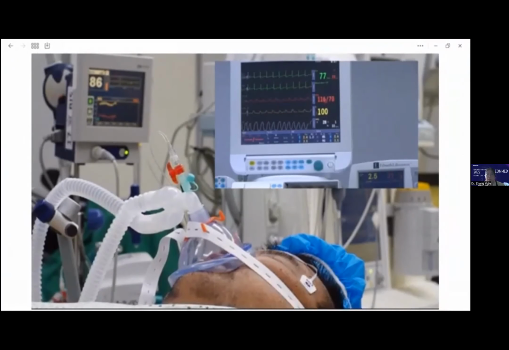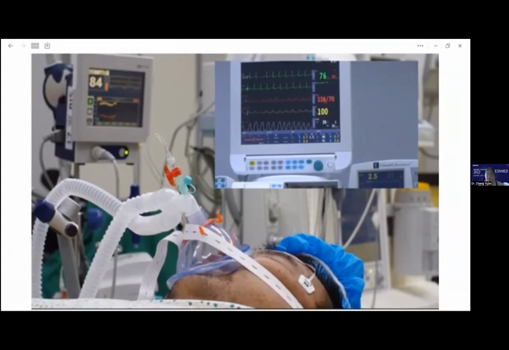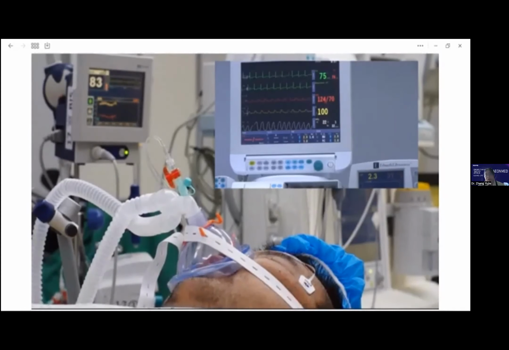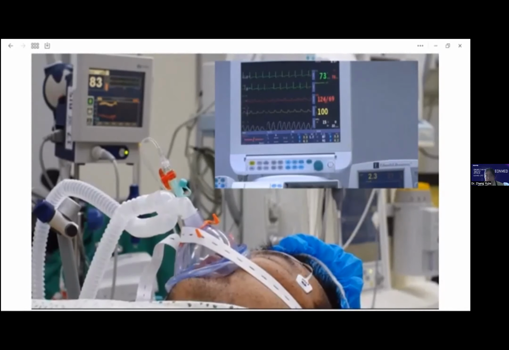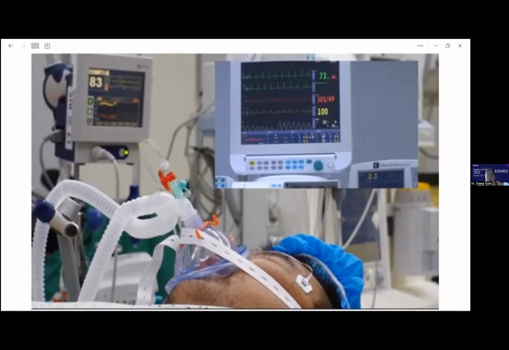Here we can see on the monitor the end-tidal carbon dioxide wave, and this curve can show if there's an obstruction of the upper airway. When the curve reduces, that means an obstruction may have happened.